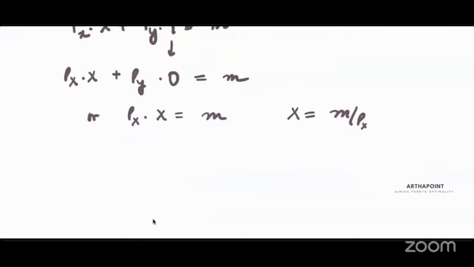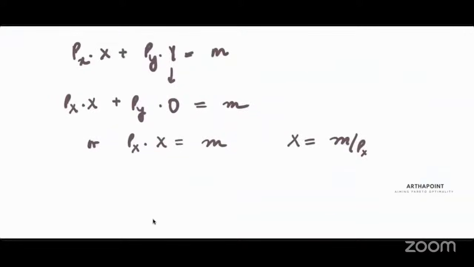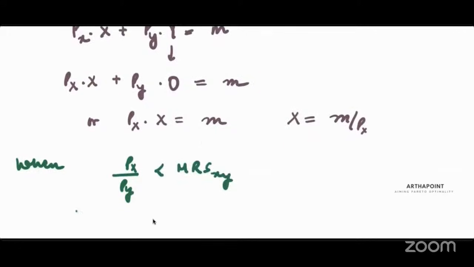So I get my first scenario: when Px by Py is less than MRS XY, then you should consume only good X, which means X star will be M by Px and Y star will be 0.